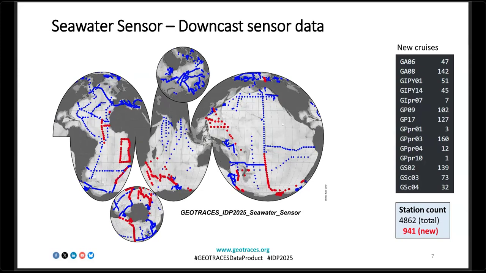Some Pacific data, a few in the Arctic, some Indian Ocean, and some in the Atlantic. If you look at the Southern Ocean, there's quite a big added contribution in the sensor data set.